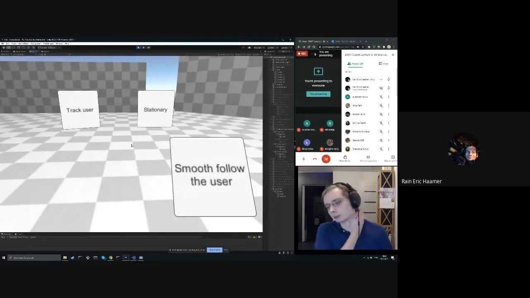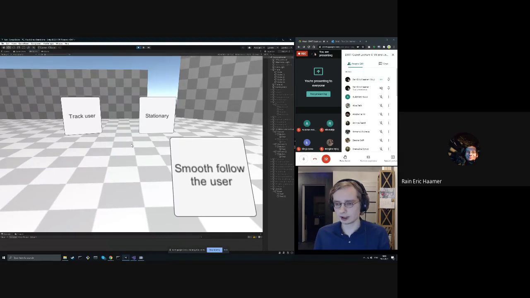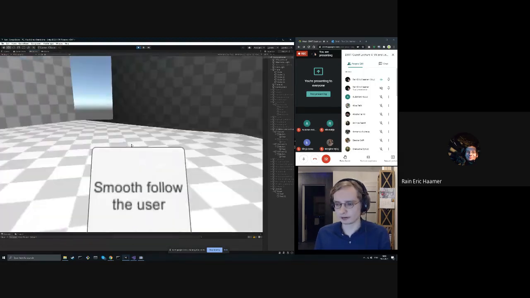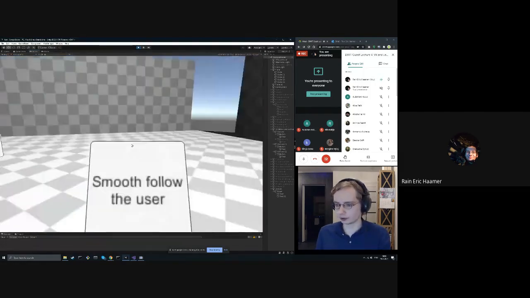Now, moving on to user interfaces that actually follow the user. So you might have cases where you have quick access tools that are very important to the user, and they need to continuously touch them or use them. Things like spawning in objects or accessing the actual menu of the application itself. In that case, it is a good idea to have smooth following user interfaces.